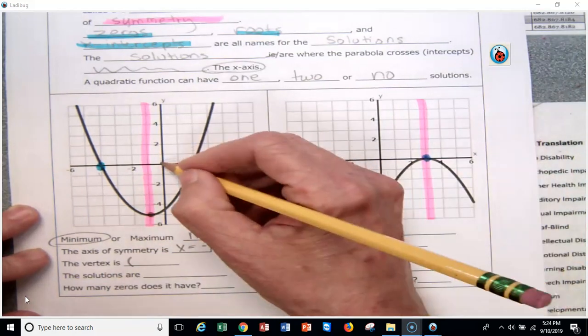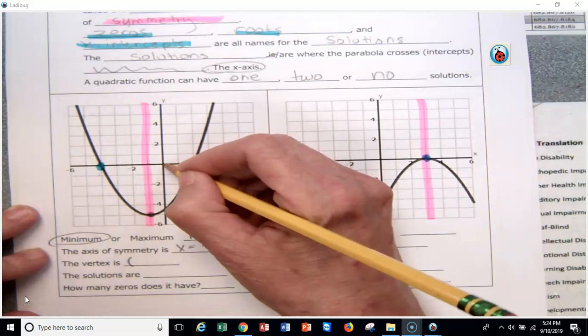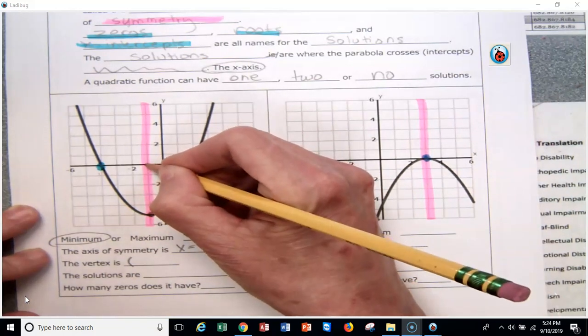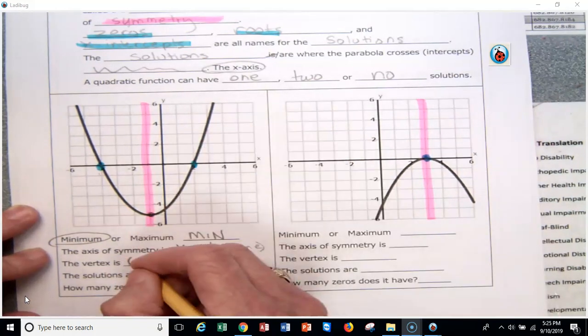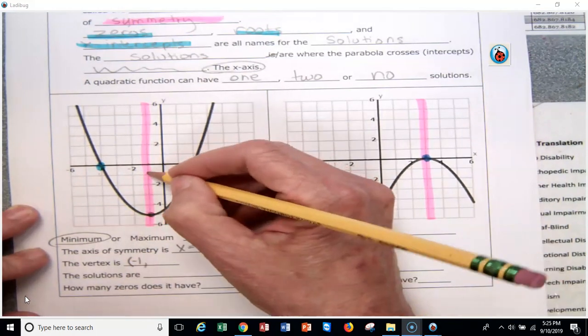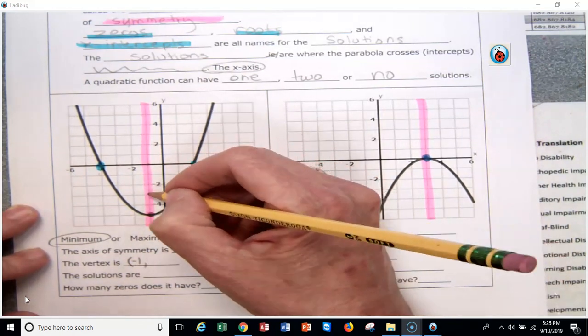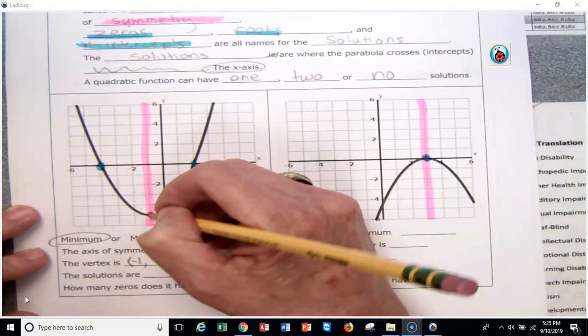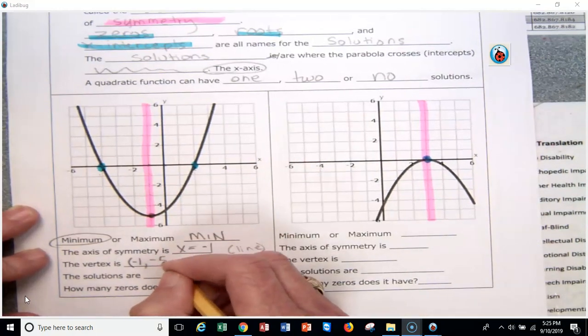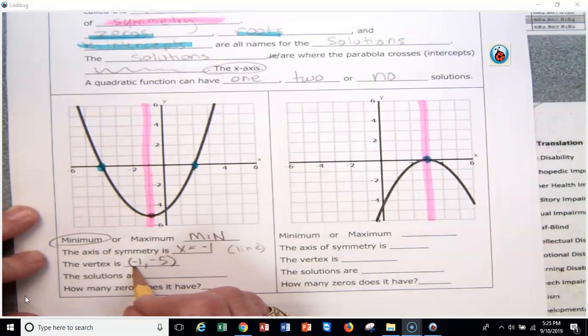I'm going to say -1 because I travel -1 on the x-axis first, and then -1, -2, -3, -4, -5. So my vertex is at (-1, -5), because it's an actual value and point.